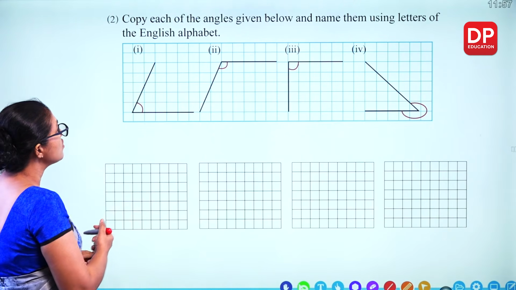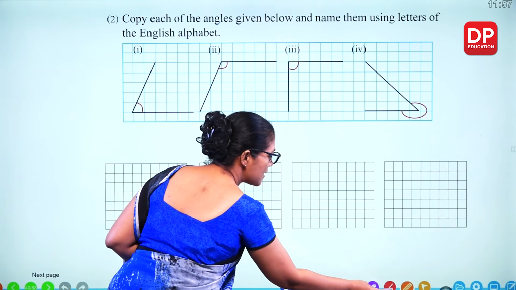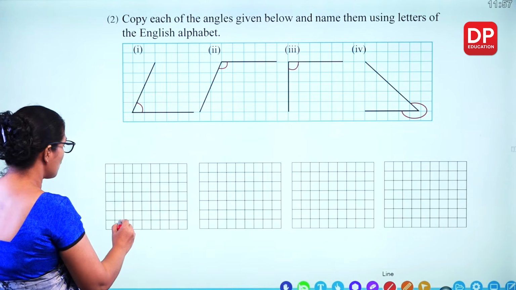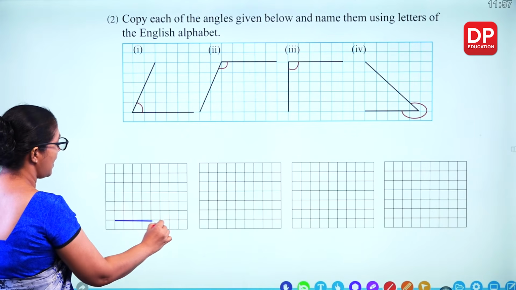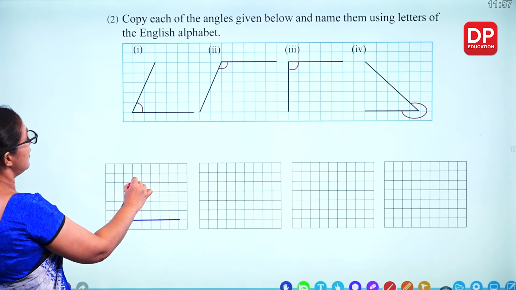Copy each of the angles given below and name them using letters of the English alphabet. So we can use letters. Here I'll draw the angle. That's an acute angle. So you can draw this line here and somewhere something like this.